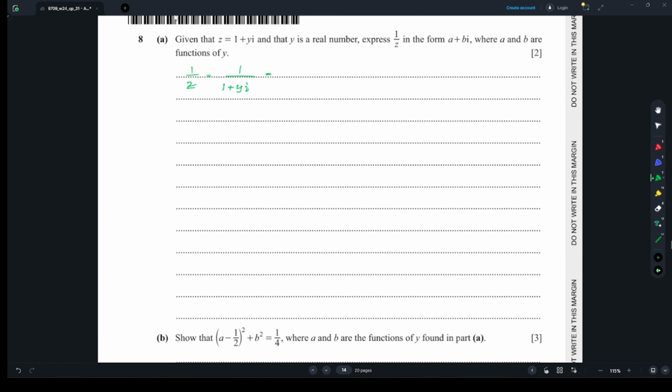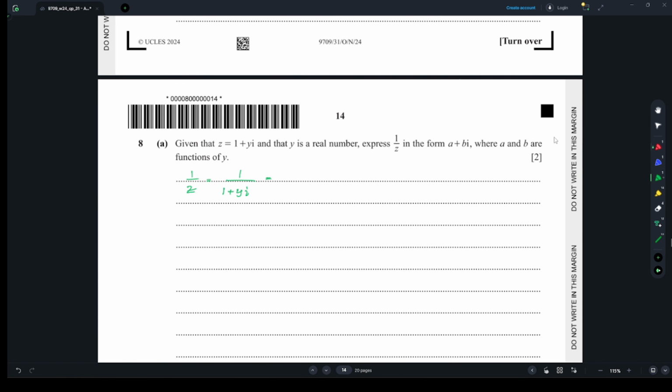So I hope you remember how to remove the denominator, like when there is a complex number in the denominator, how you can remove that. We have to multiply by the conjugate of that one, right? So if you have a plus b, the conjugate is a minus b.